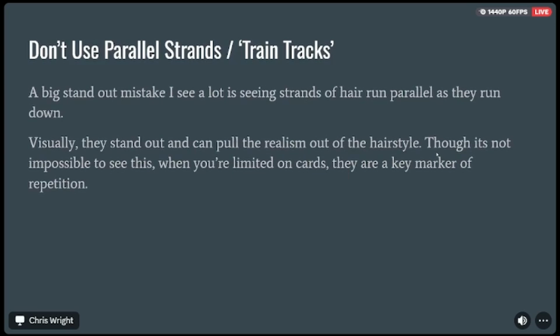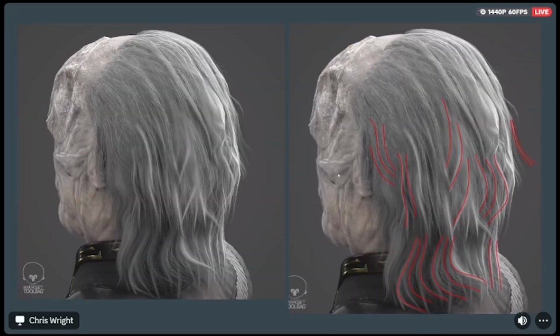Another mistake that I see is parallel lines. So people make hair and they throw on flyaways and they do all that, but their textures are basically just parallel lines or train tracks. So here's an example of my very old hair. Ooh.